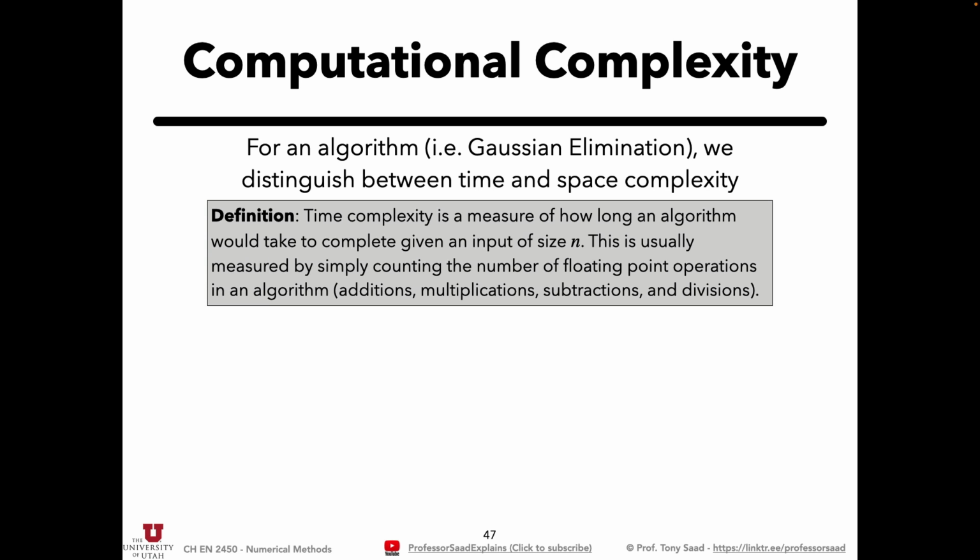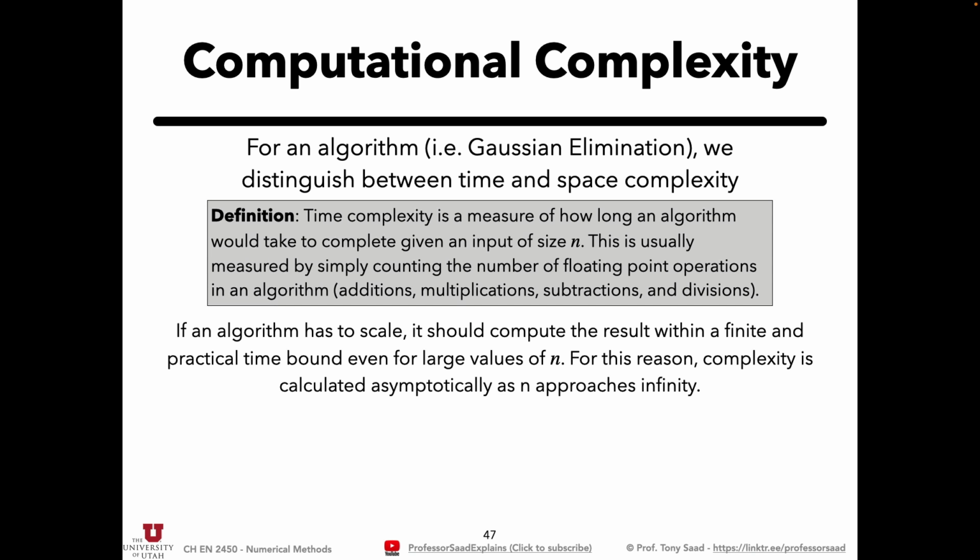So this is typically measured by counting the number of floating point operations in an algorithm, like how many additions, multiplications, etc. If an algorithm has to scale, it should compute the result in a finite and practical time, even for large values of n. For this reason, complexity is calculated asymptotically as n approaches infinity. So that's why you can't say anything about an algorithm when you do it for 100 equations.